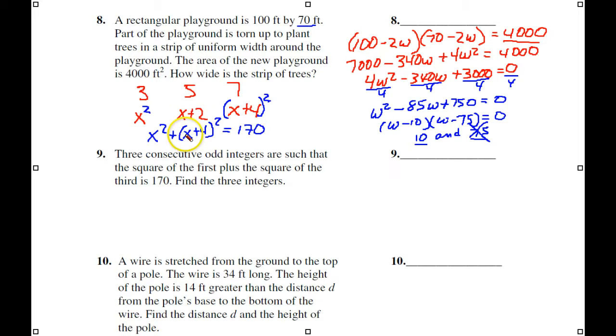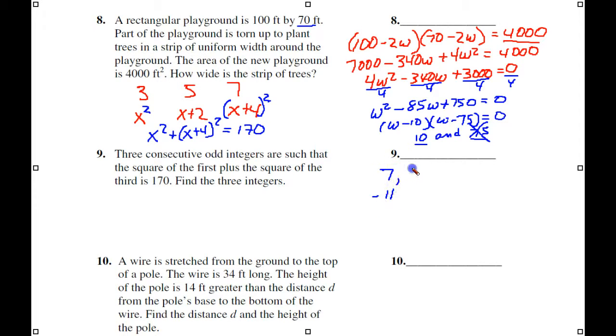Again, you're going to expand this binomial and group like terms, transpose the 170 to this side, equal it to 0, factor it, and that'll give you the first number. And there are actually two sets of answers here. One will be 7, and the other will be a negative 11.